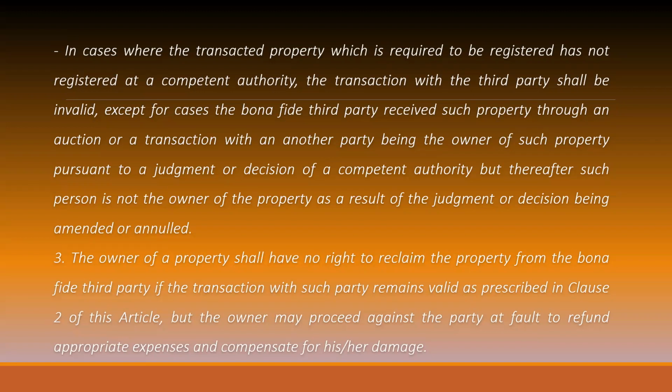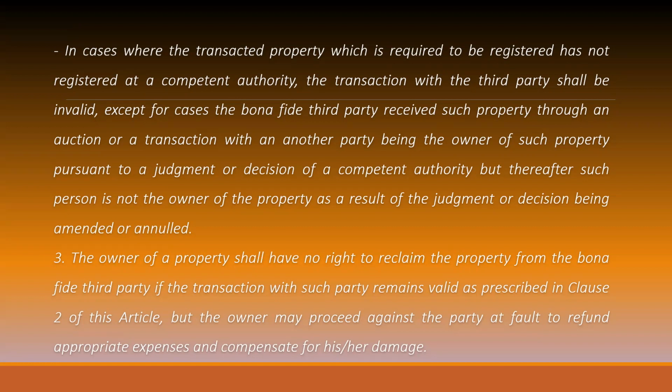In cases where the transacted property which is required to be registered had not been registered at a competent authority, the transaction with a third party shall be invalid, except for cases where the bona fide third party receives such property through an auction or a transaction with another party being the owner of such property pursuant to a judgment or decision of a competent authority, but thereafter such person is not the owner of the property as a result of the judgment or decision being amended or annulled.